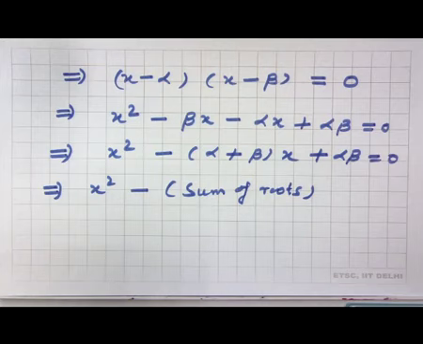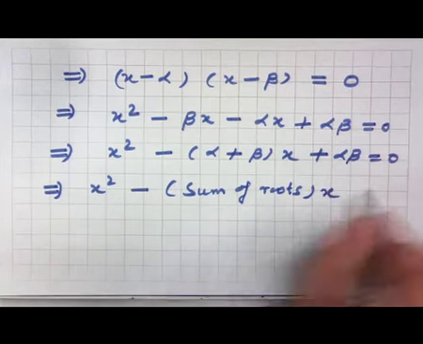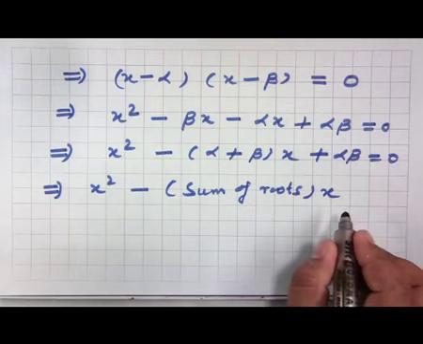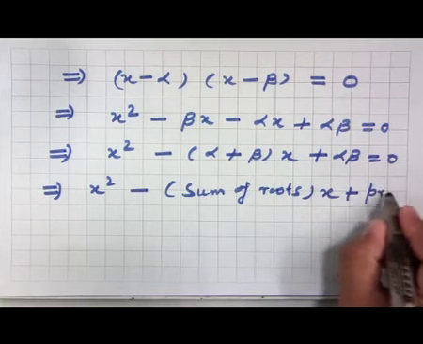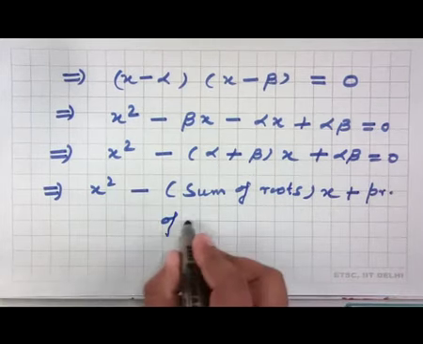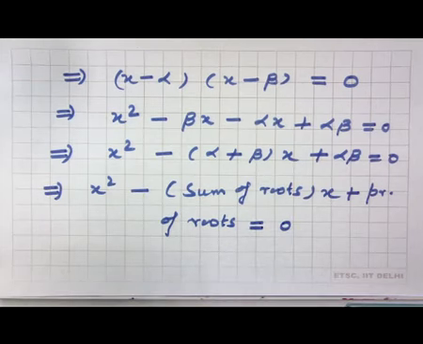So, alpha plus beta is the sum of roots: x square minus sum of roots times x plus product of roots equal to 0. So, we can find the equation by taking the sum of the roots and the product of the roots.